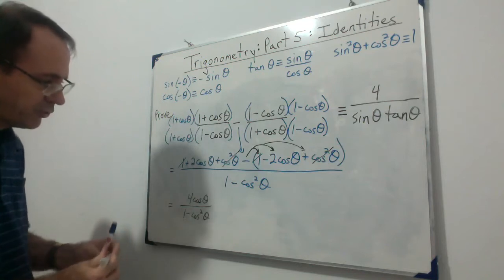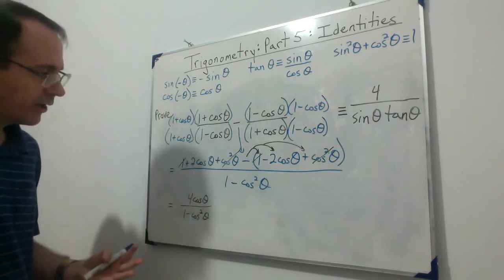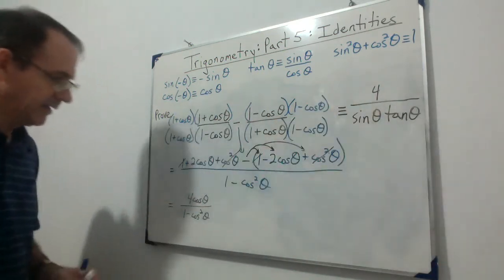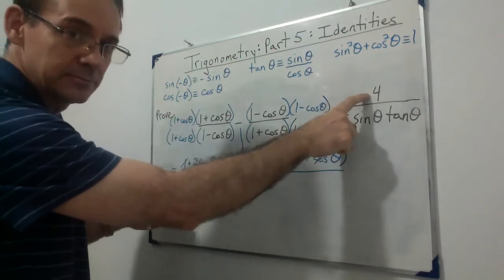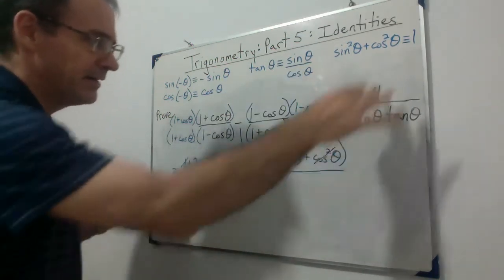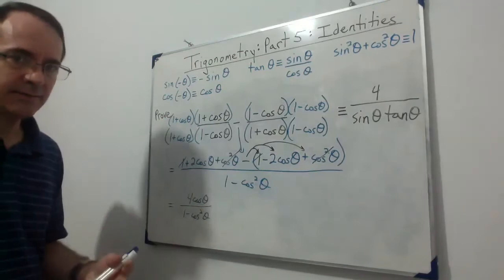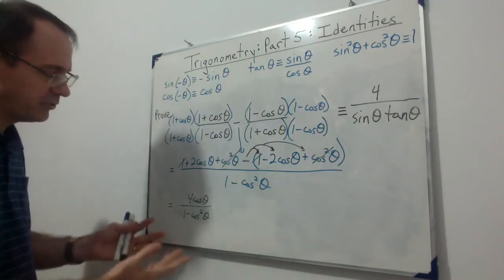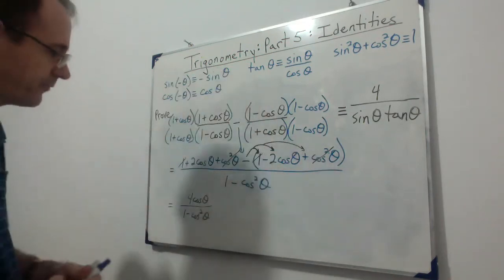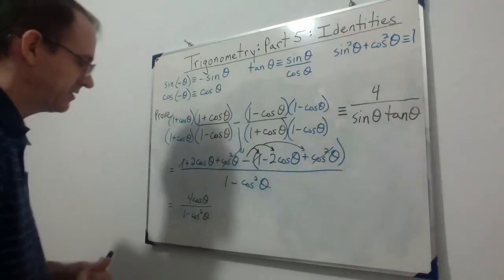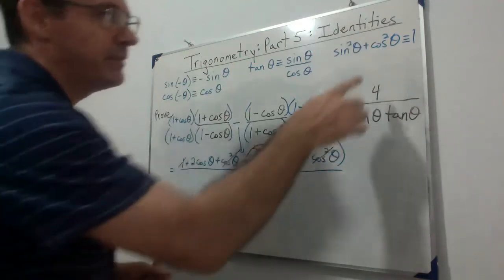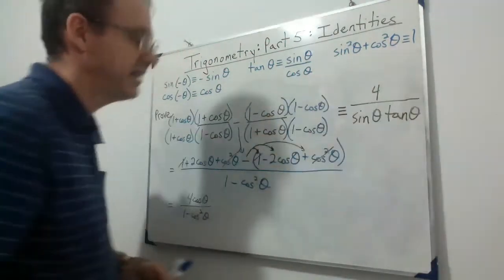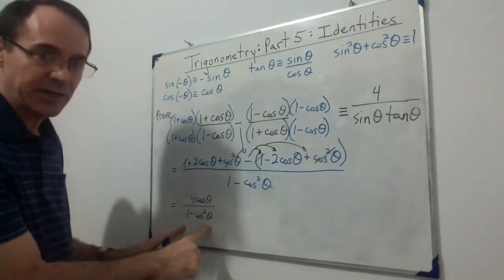Now we want to look at this, and again, keep in mind where we're going. So we see the 4 now, that's developed, that's good, but everything else doesn't quite look right or doesn't match. So what we want to do now, because we've combined our fractions, let's look at our identities. And if you remember, we can manipulate our Pythagorean identity here. Here is a 1 minus cosine squared.